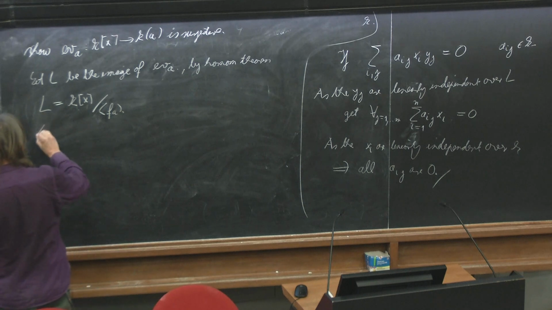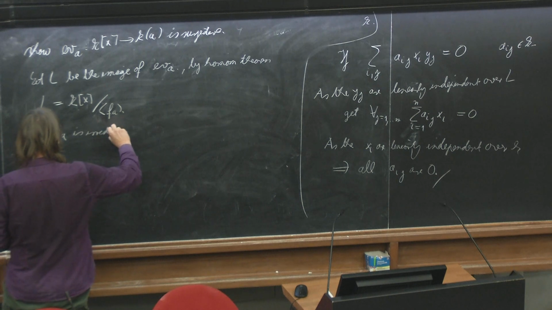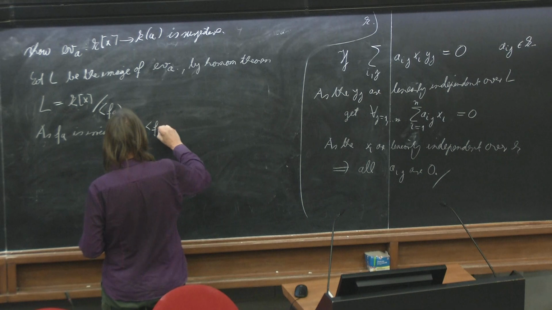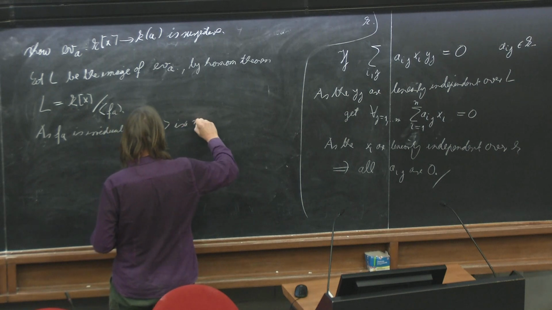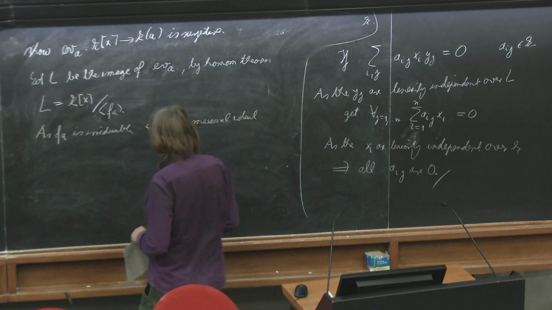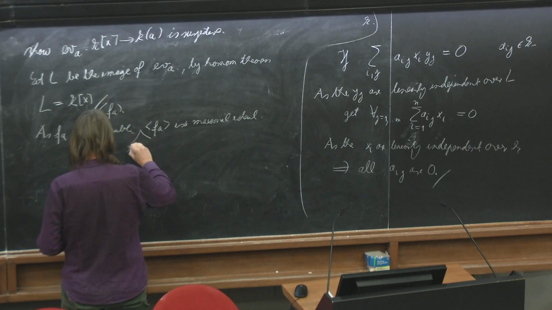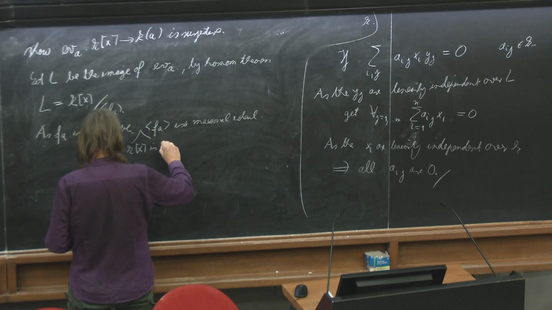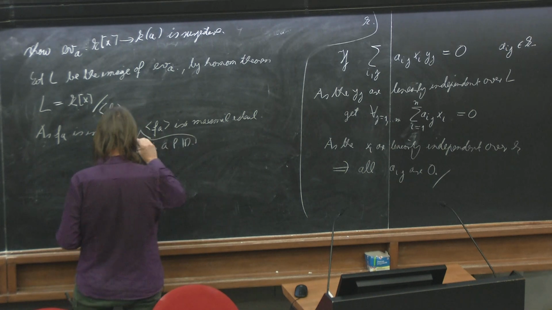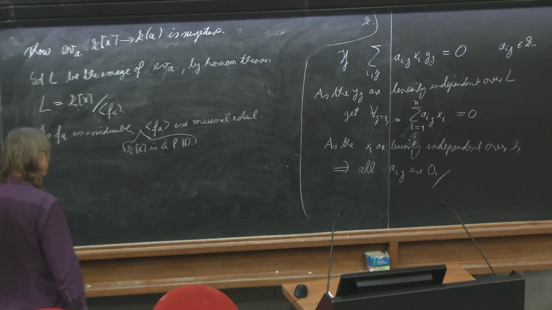So as fa is irreducible, because Kx is a PID, principal ideal domain, therefore the ideal generated by fa is a maximal ideal.